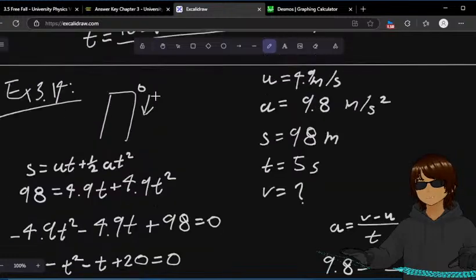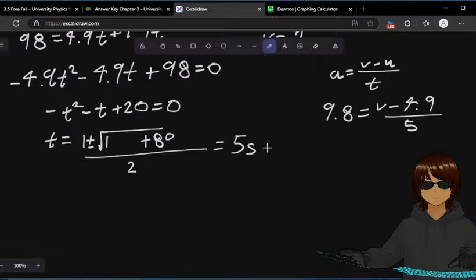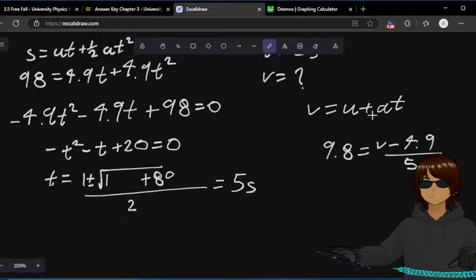If you treat the downward direction as positive, v is equal to u plus at, 4.9 plus 5 times 9.8.